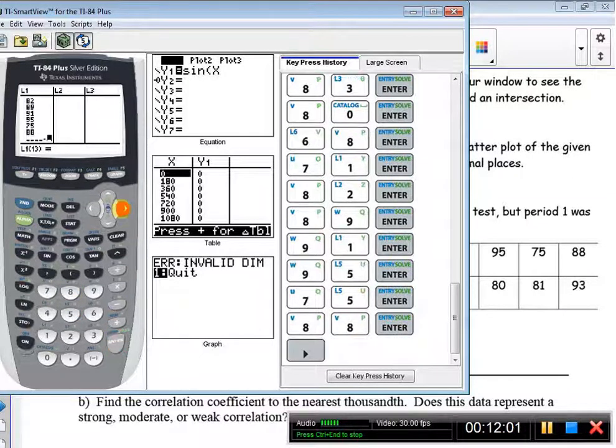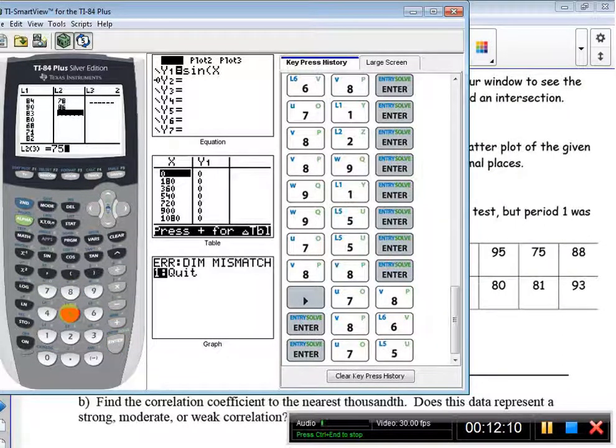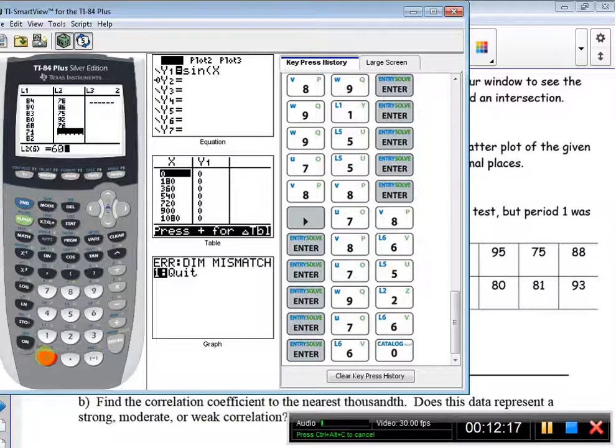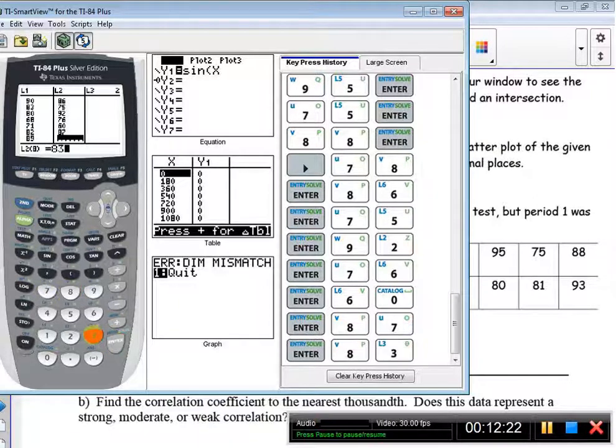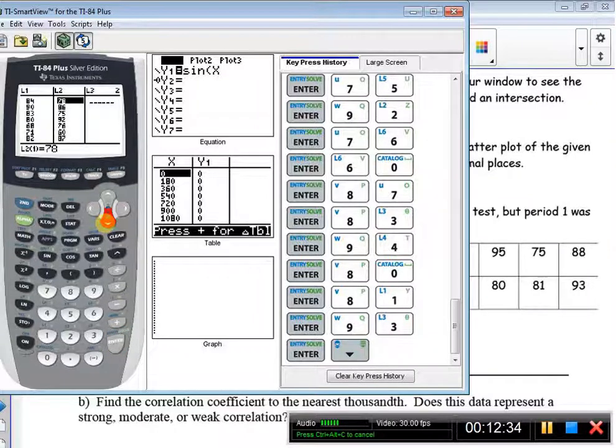Okay, there's period 1, and let's get in period 2, or period 5. Okay, they should match. And they do, yes. All right, good, so we got them all in. Make sure you've entered them correctly.